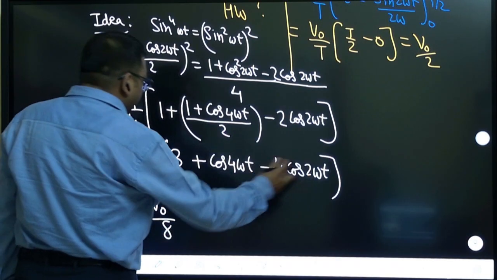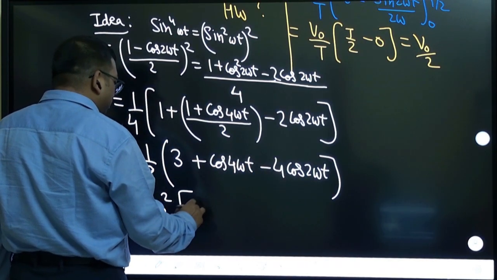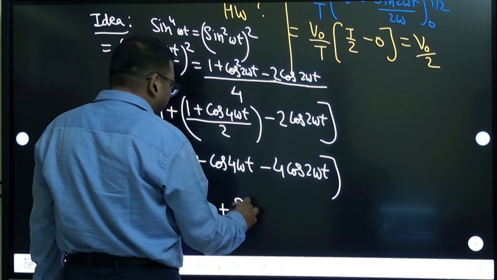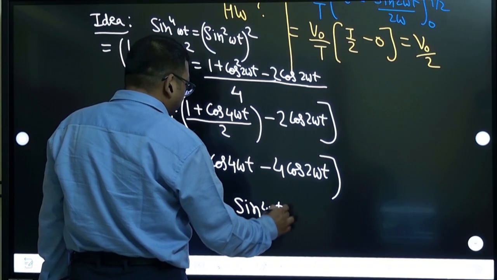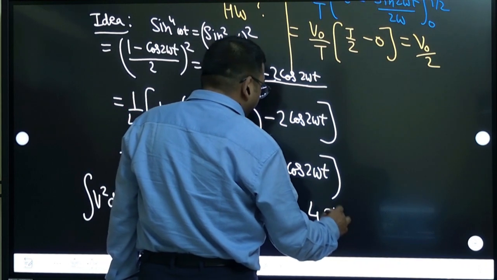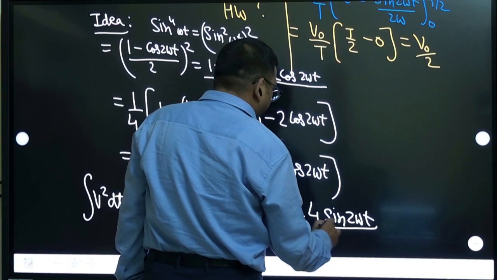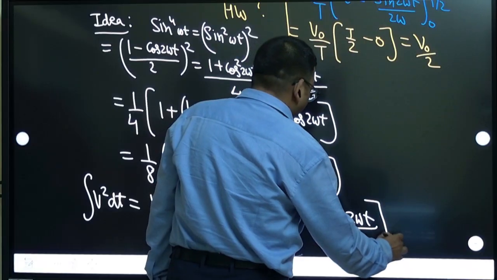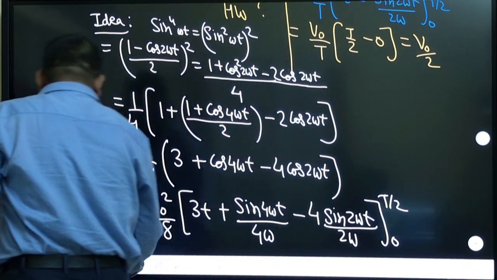Now you have to integrate: integration of 3 becomes 3t, plus integration of cos 4 omega t is sine 4 omega t by 4 omega, minus 4 times integration of cos 2 omega t, which is sine 2 omega t divided by 2 omega. You have to take limits 0 to T by 2. Let us do it quickly.